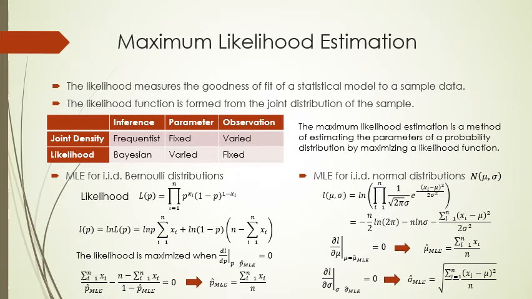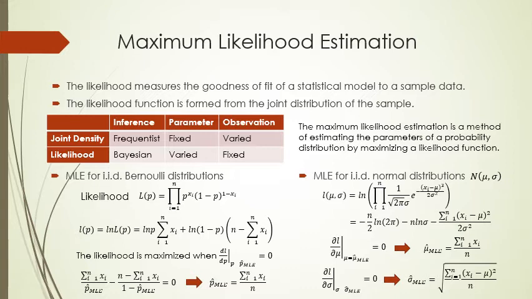The joint density is a function of the observations as in the frequentist view, where the parameters are fixed and the sample data may vary. The likelihood is a function of the parameters as in the Bayesian view, where the sample data are fixed and the parameters instead may vary.